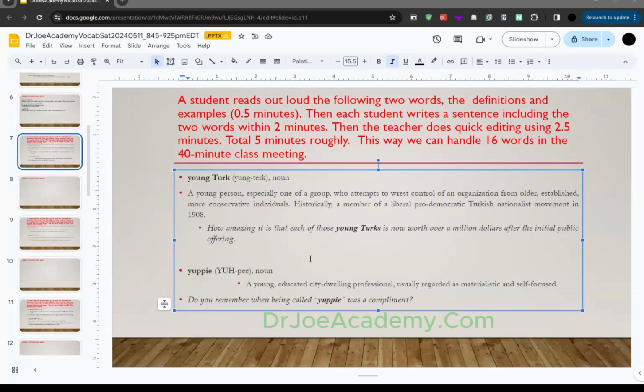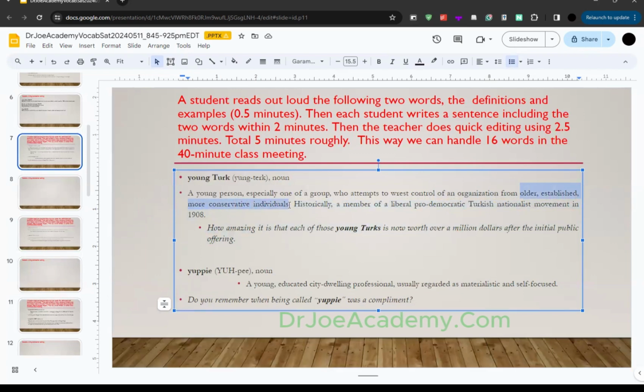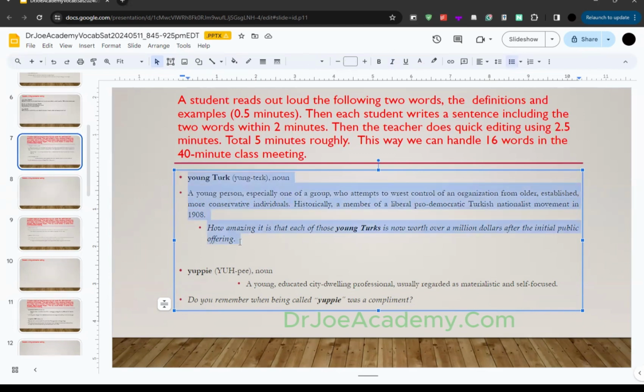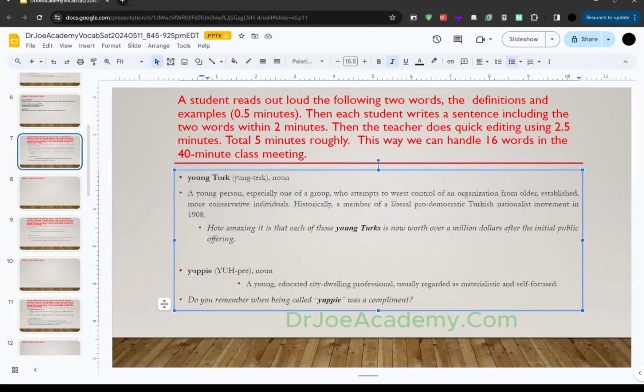So they're usually involved in politics and they are usually liberal, pro-democratic, and they are opposites from the older established, more conservative politicians. So this is a type of person you would see in politics.